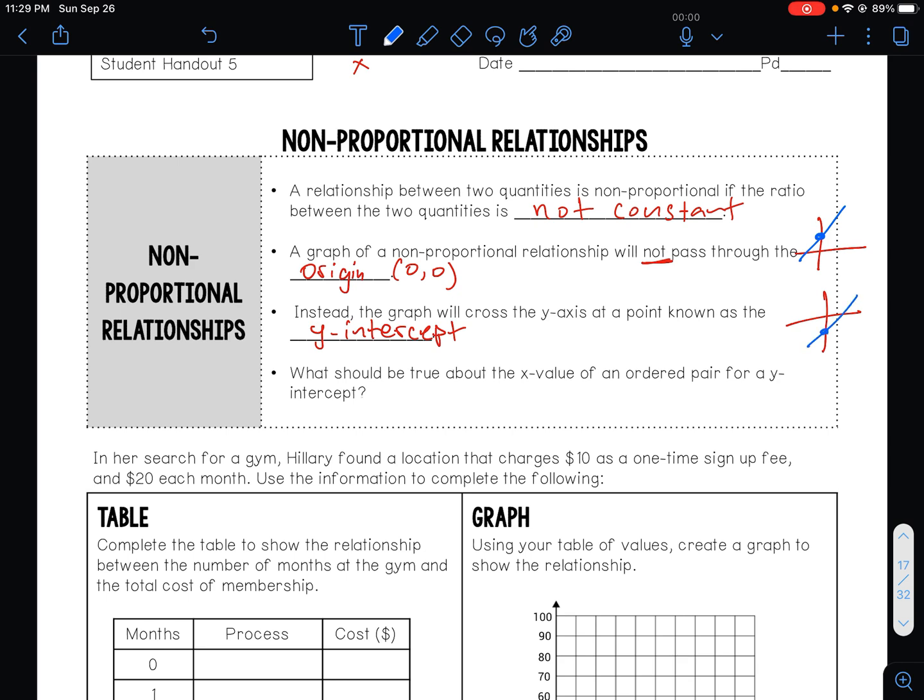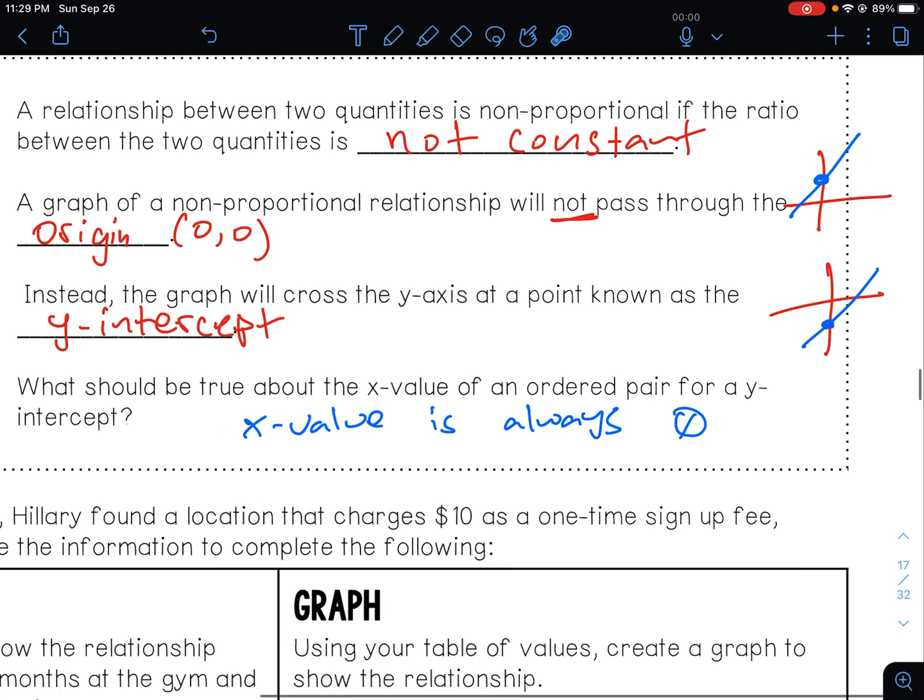What do we notice about the x value of such a place? Well, the x value is 0. It is always 0. Why is it always 0? Well, because Y-intercept means when this blue line, the one I drew, touches the y-axis. And at the y-axis, the x always equals 0.